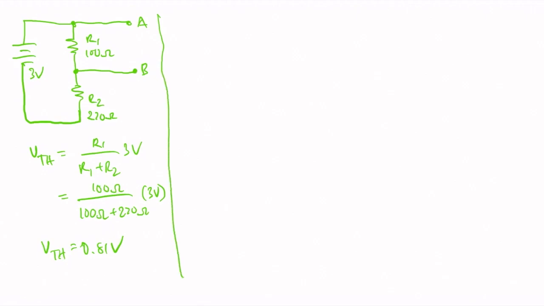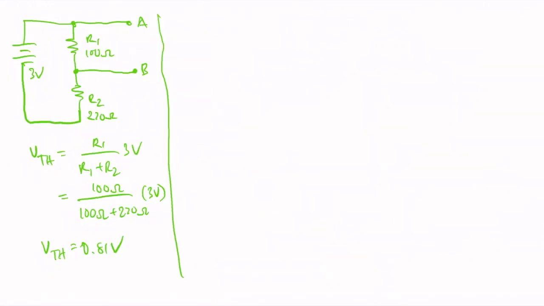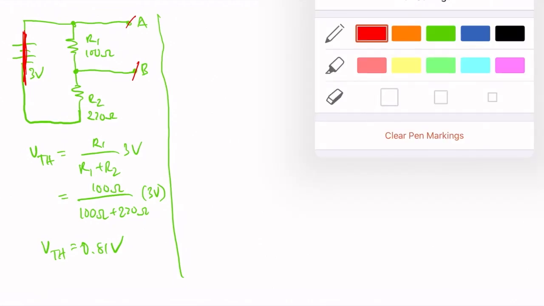Okay, next we solve for the Thevenin resistance. So going back to this circuit, we replace this by a short. Okay, and we now see that as viewed between A and B, R1 and R2 are parallel to each other.